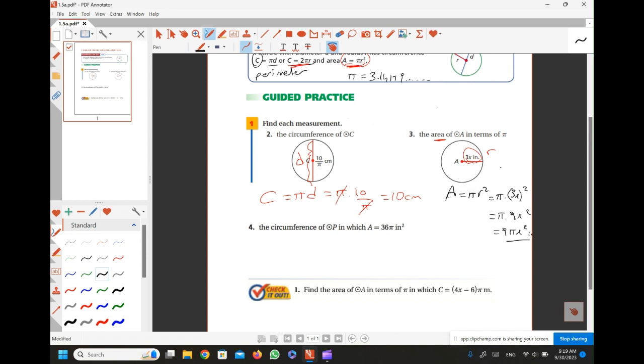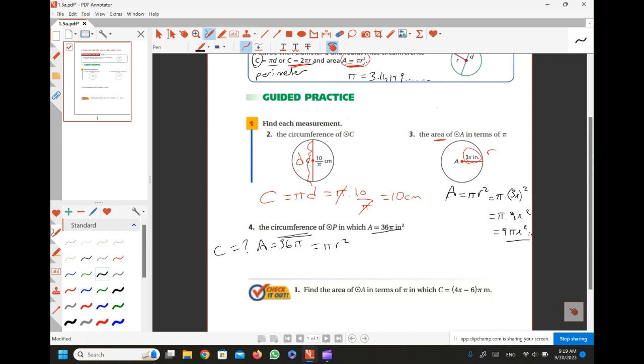All right. The next question is find the circumference of circle P where the area is 36 pi inch squared. So circumference is missing. What you are given is area as 36 pi. You know the area formula as pi r squared.